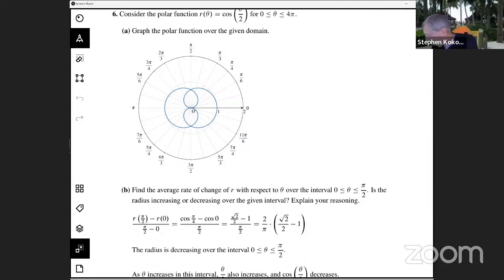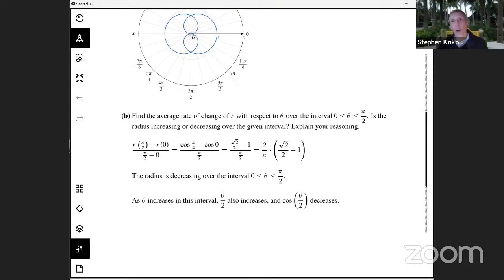But we might see some questions like this, part B here. Find the average rate of change of r with respect to theta over this interval 0 to pi over 2. And then the next part is: is the radius increasing or decreasing over that given interval? Well, first of all, the average rate of change would be r of pi over 2 minus r of 0, divided by pi over 2 minus 0.